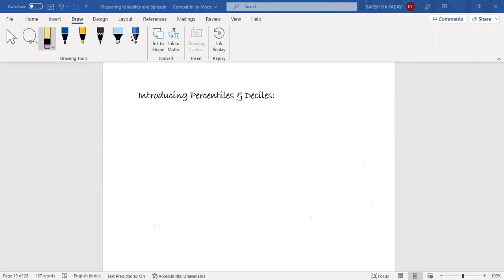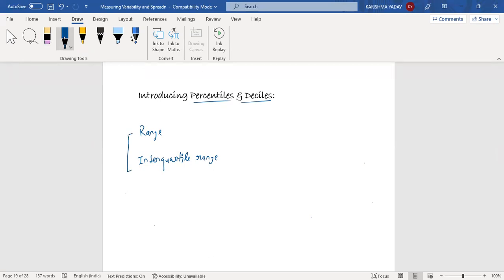In this lecture we are going to discuss percentiles and deciles. In the previous lecture we discussed range and interquartile range. These two both give us a way of measuring how values are dispersed in a data set.